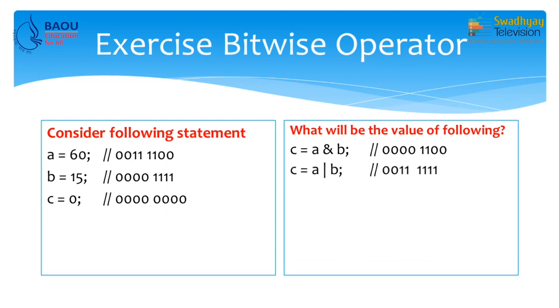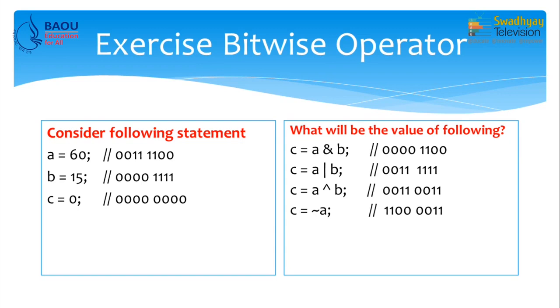Suppose I want to perform the OR operation. Anywhere we have 0 and 1 or 1 and 1, we will get 1, that is shown on screen, which you can again verify from the truth table that we have discussed. When we perform exclusive OR, if both digits are 1 or if both digits are 0, then we have 0, otherwise we have 1.